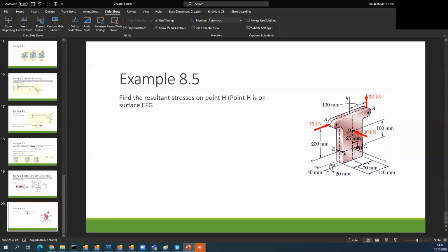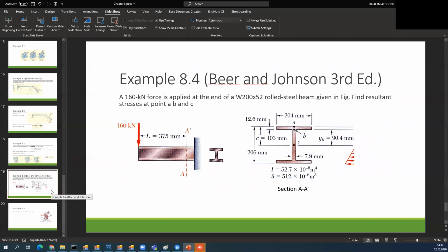If I have time after the chat platform, I am trying to solve one of these questions. The remaining questions, you are responsible for yourself. Also, this book's solution is taken from Beer and Johnston, maybe you can look at the book and find the solutions of both examples. Okay, I think this is enough for the first week.